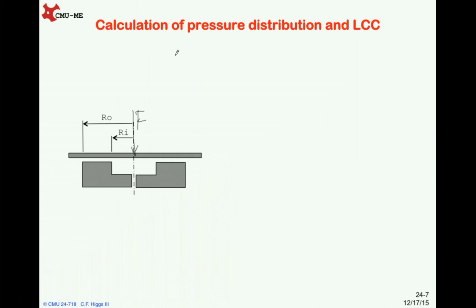Considering that the load carrying capacity can be calculated by integrating the pressure value over the area in contact, we can calculate it by plugging in the pressure values in different regions and integrating them to get the load carrying capacity.